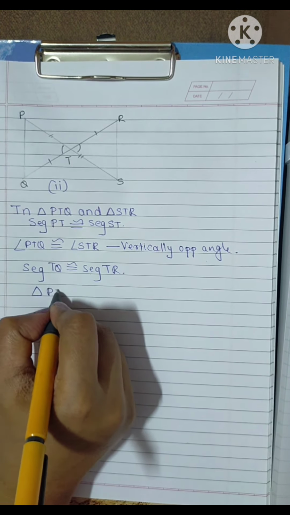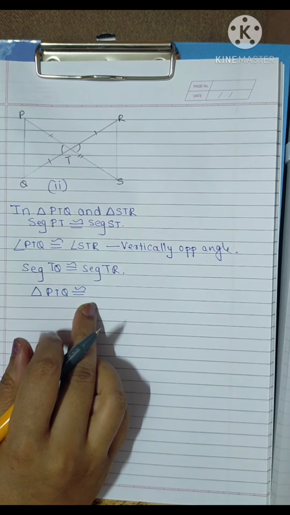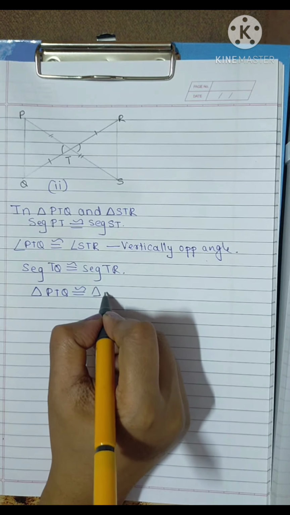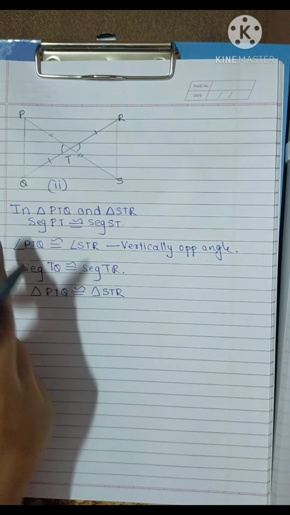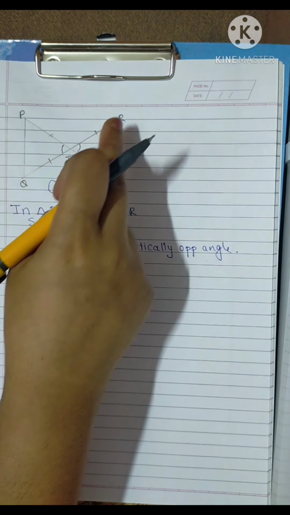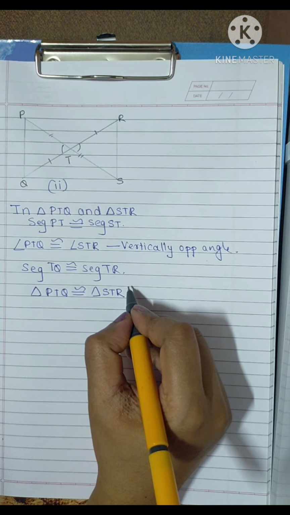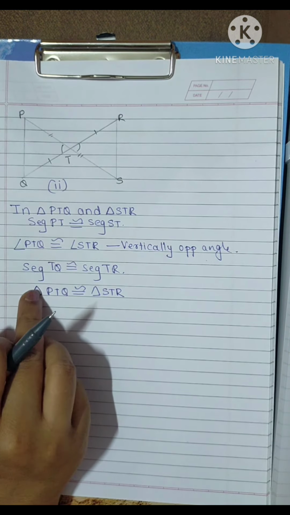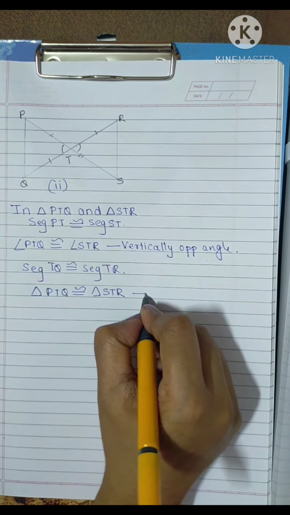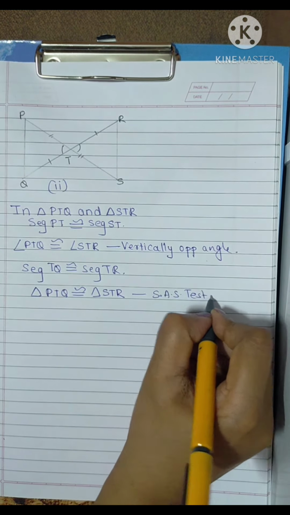So triangle PTQ is congruent to triangle STR because of the SAS test.